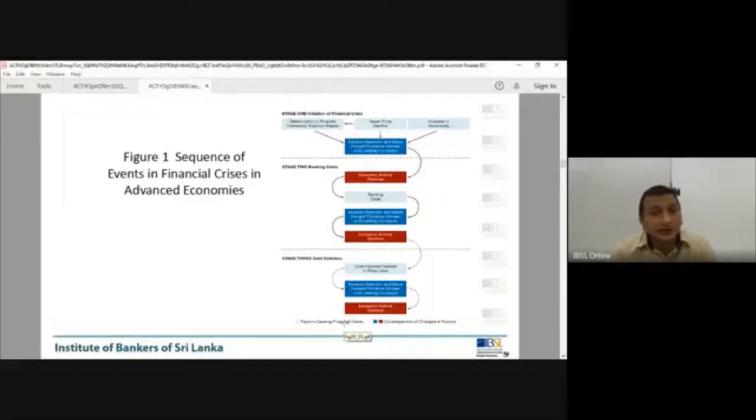So current consumption gets reduced. When current consumption gets reduced, inventories pile up and new economic activities do not get off the ground. That gets delayed.